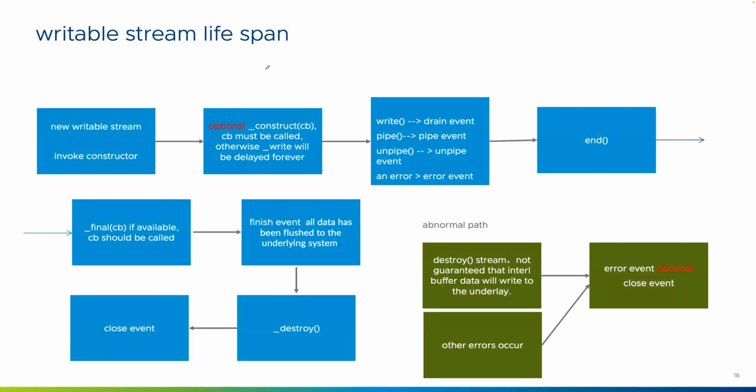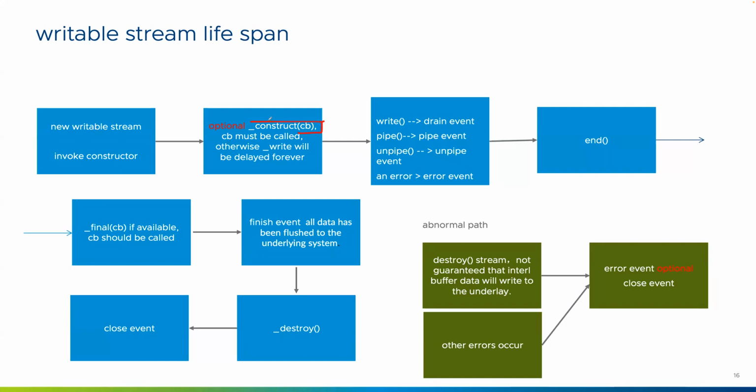And if we take a close look at our official guide, it gives you a diagram on writable stream lifecycle or lifespan, kind of like a state machine. So here we just new our writable stream and invoke constructor, and then we can give our own underscore construct, and it takes a specific callback.